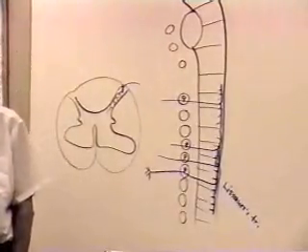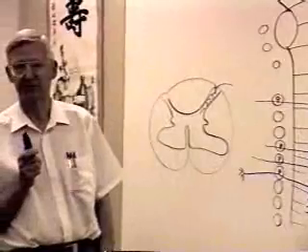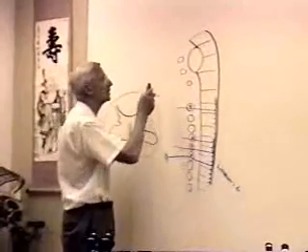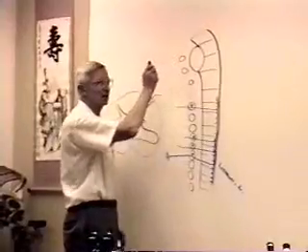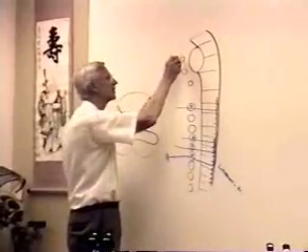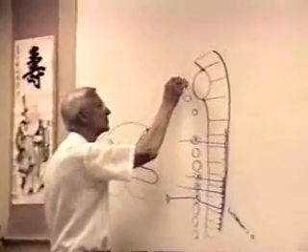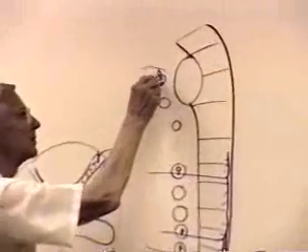The same basic pattern holds for the head. The ganglion is the semilunar ganglion with 3 divisions, first, second, and third division of the trigeminal.